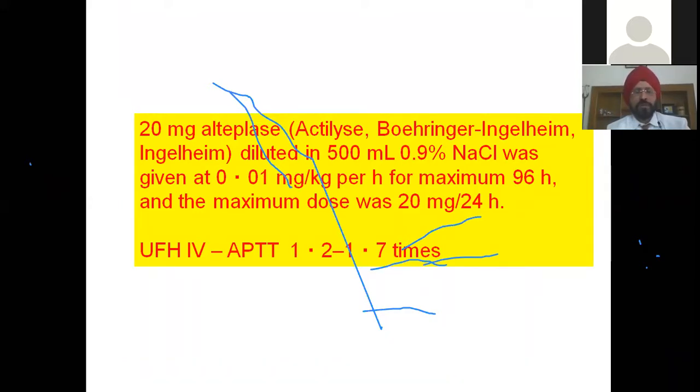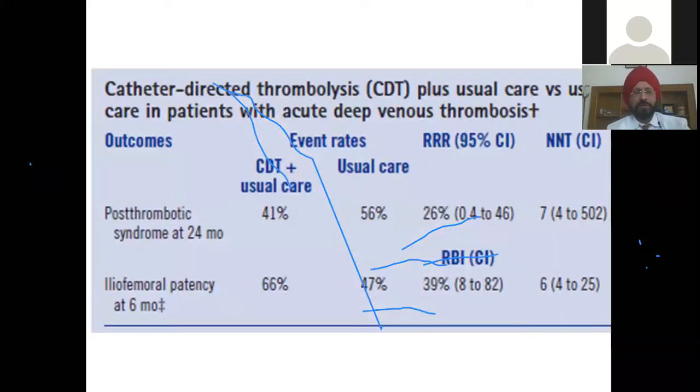This is the dose that they had used in the trial, 20 milligram of alteplase versus unfractionated heparin. And that's the result they got, that post-thrombotic syndrome at 24 months was lesser. Iliofemoral patency at 6 months was better.